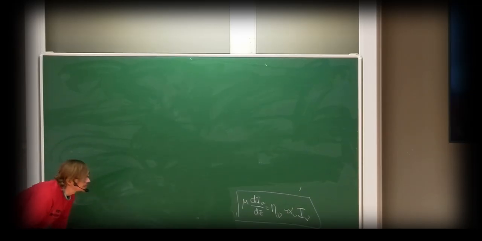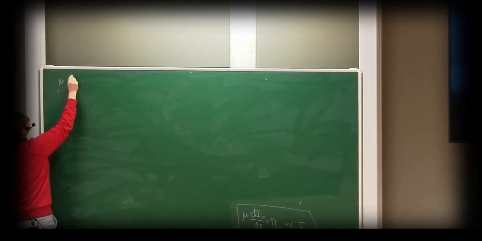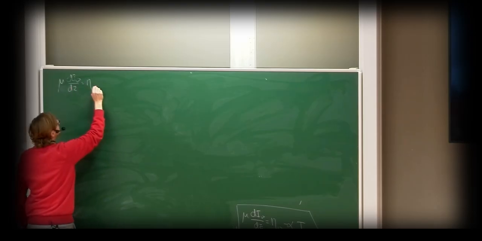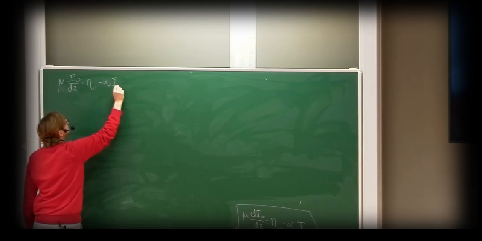All right. So, where are we at? Mu dI_ν/dz equals emissivity minus alpha_ν I_ν. Okay, we're going to keep that in a little box here. And let's discuss it a little bit.